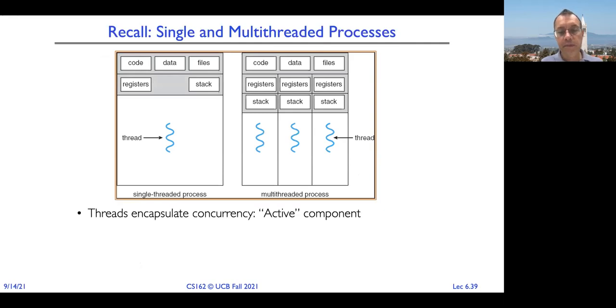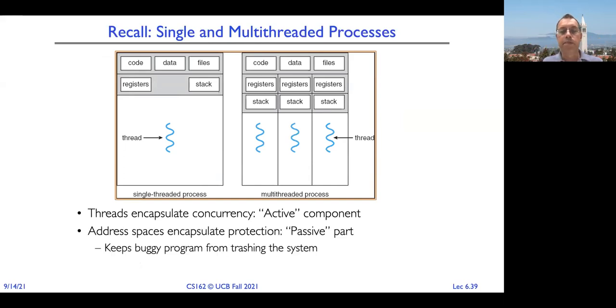Remember that the part running from a process is a thread. That's the active component. Address space is passive. It's just protection.